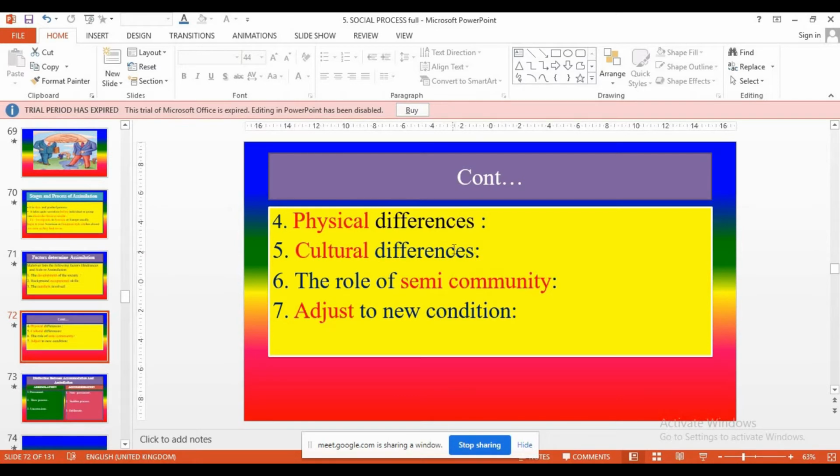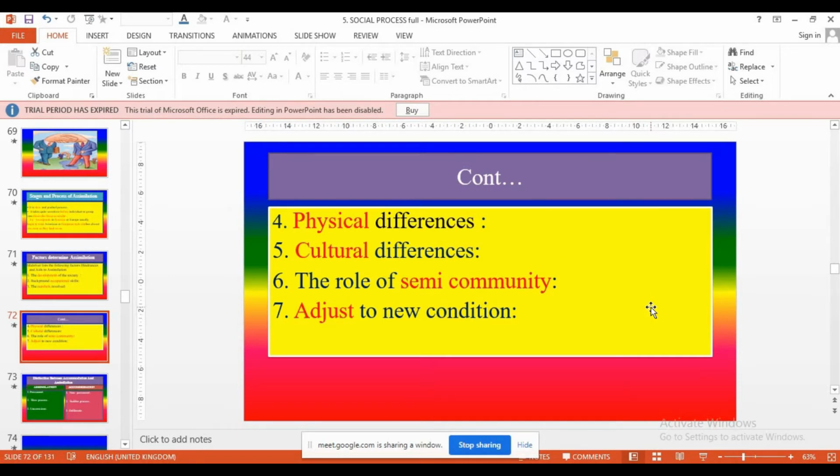Then cultural differences, as we know, different modes of behavior. Similarity of behavior or culture makes assimilation easy and aids it, but dissimilarity or differences may cause hindrance to assimilation.